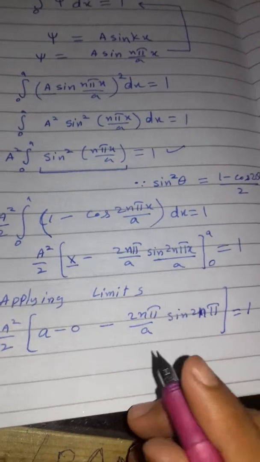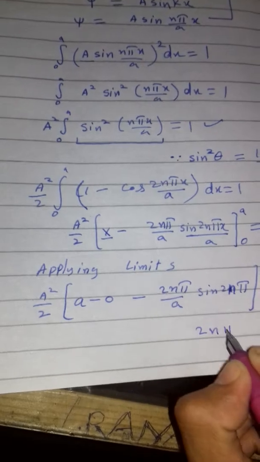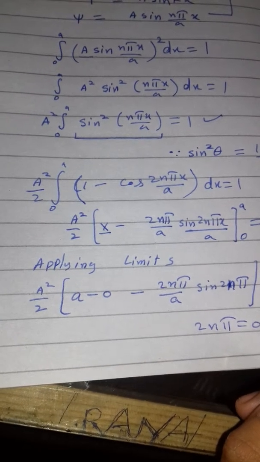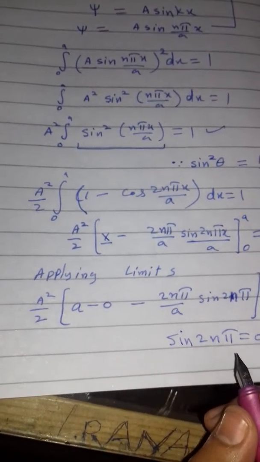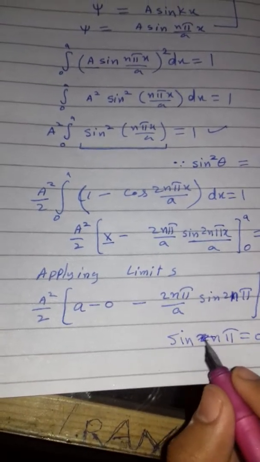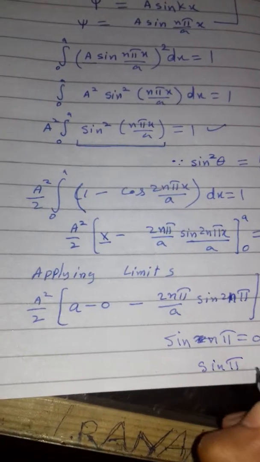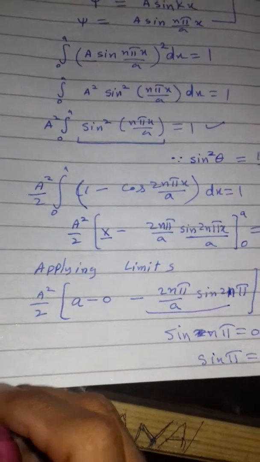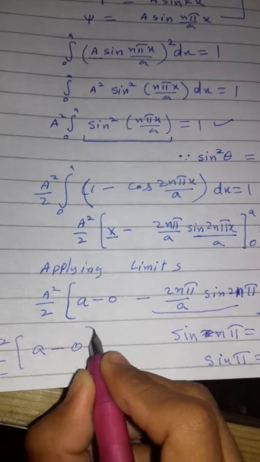As in many expressions we have seen, sin 2nπ, sin nπ, n may be anything, sin nπ is equal to 0. So this expression becomes 0, and we get A²/2 times (a minus 0).